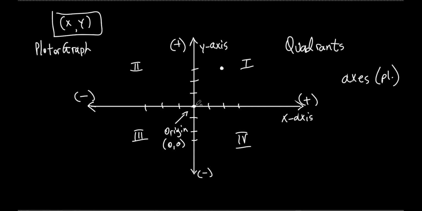In order to get to this point, I can't just go directly from here to here. I have to go left or right, then I go up or down, okay? So which way am I going to go? To the right, how many places? 2, and then I'm going to go up how many places? 3. So what's the ordered pair for this? It's 2, 3. And it's positive, isn't it? Yep, because both of them are positive. I went to the right, and I went up, both being positive. We okay? All right.